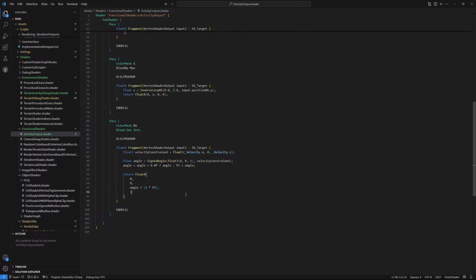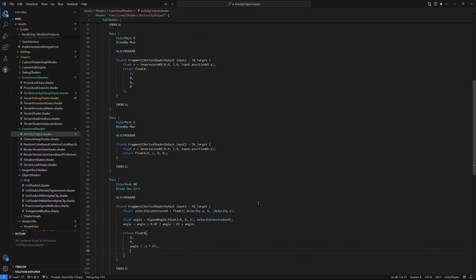And finally, we also want to output the length of this one, but as a value between 0 and 1 eventually.